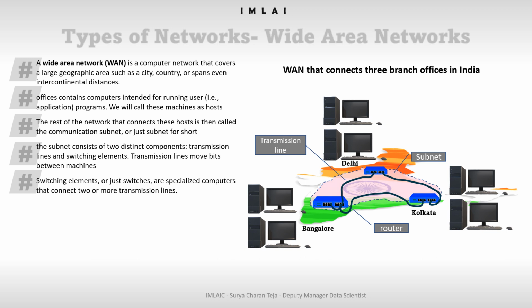When data arrive on an incoming line, the switching element must choose an outgoing line on which to forward the data. These switching computers have been called by various names in the past, but the name router is now most commonly used.